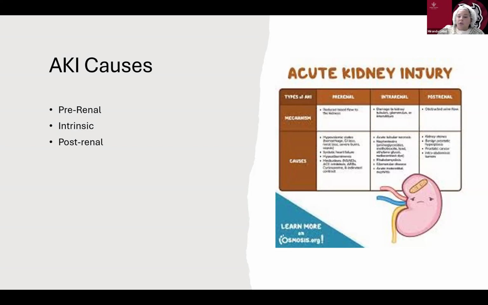So, acute tubular necrosis, glomerular nephritis, acute interstitial nephritis, or nephrotoxic agents like certain medications and contrast dye. So, before you send your patient for contrast, you should know how their renals are. Then we have post-renal, which is caused by obstruction of urine flow, kidney stones, tumors, or enlarged prostate leading to urinary retention.